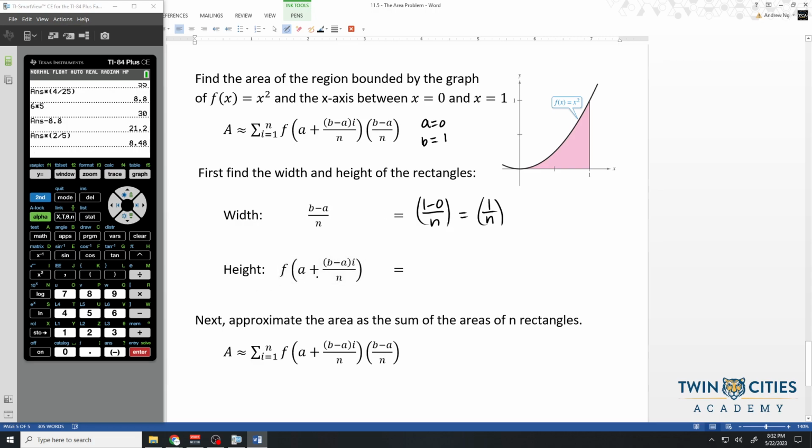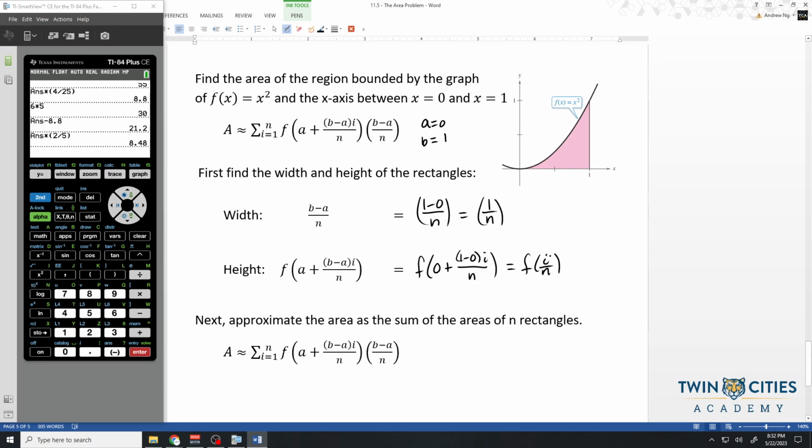The height is f of a, which is 0, plus b minus a, which is 1 minus 0, times i over n. The function evaluated at this will end up being f of 0 plus 1i over n, so just i over n.